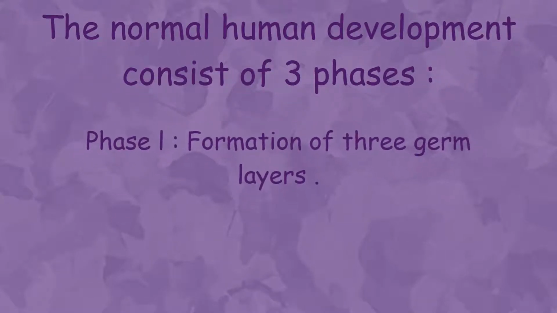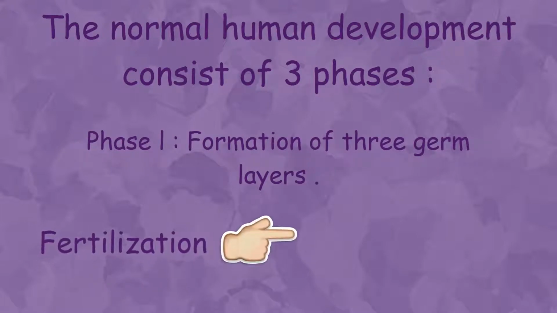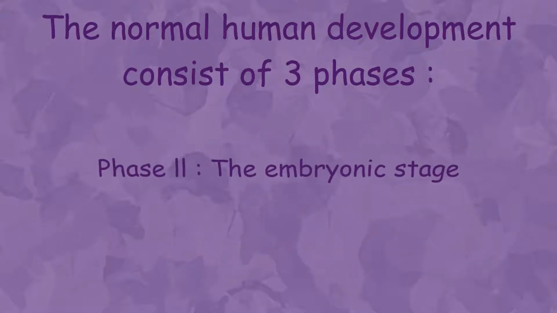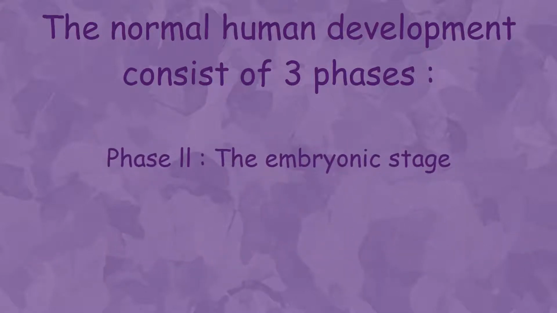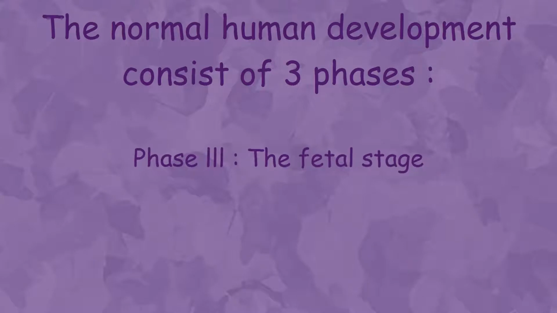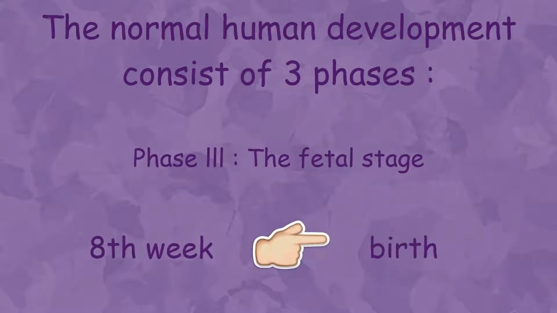Phase 1, formation of 3 germ layers, from fertilization to the end of the second week. Phase 2, the embryonic stage, from the 3rd week to the 8th week. Phase 3, the fetal stage, from the 8th week to birth.